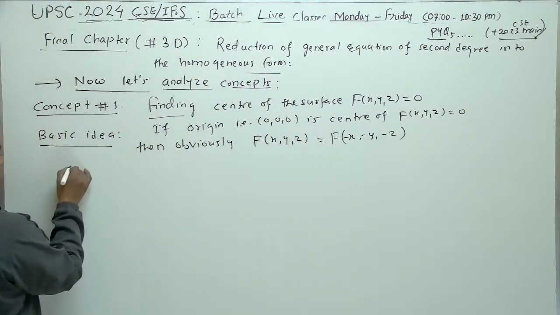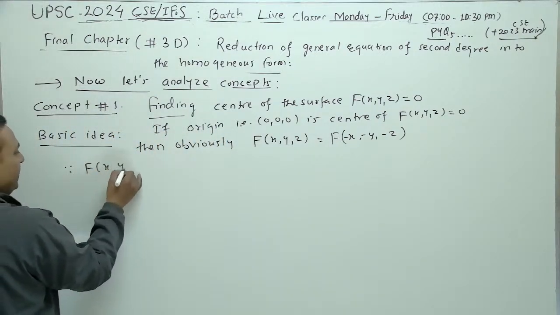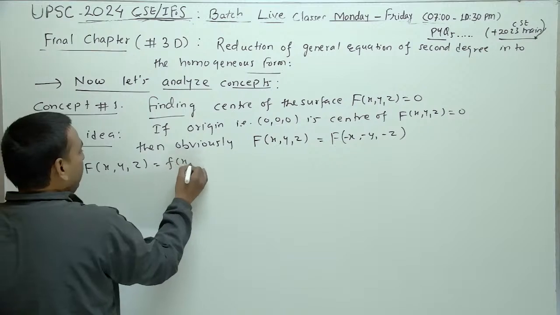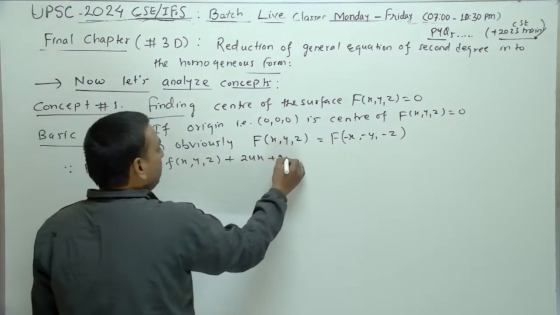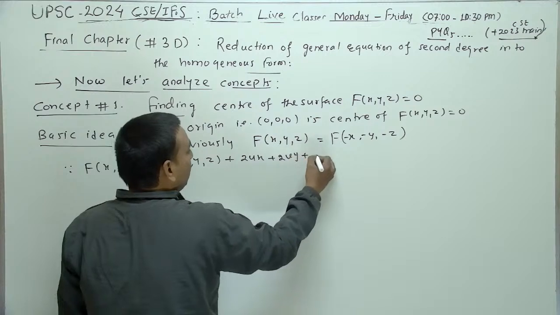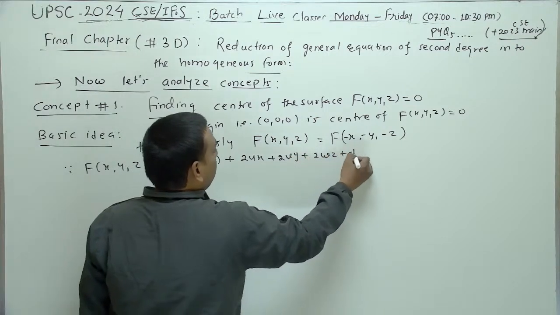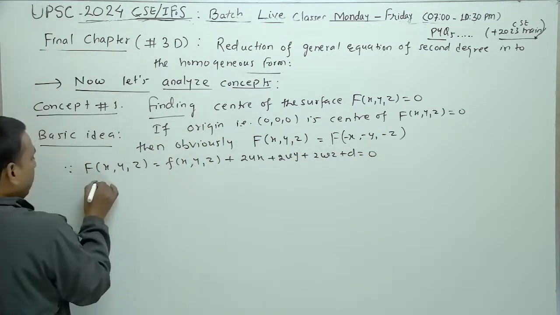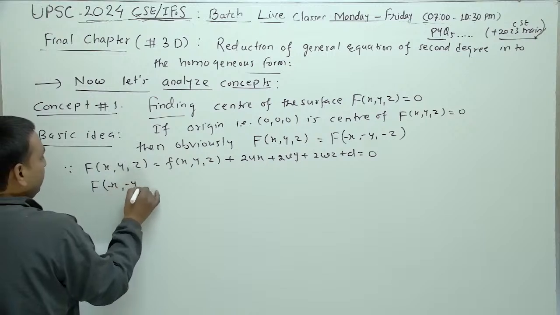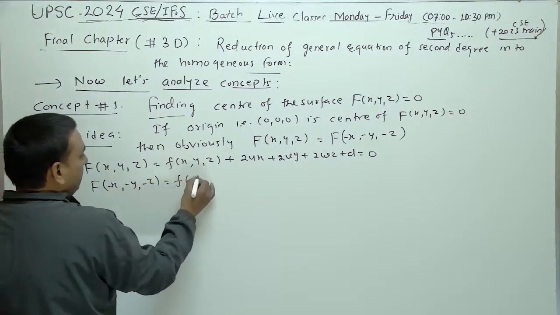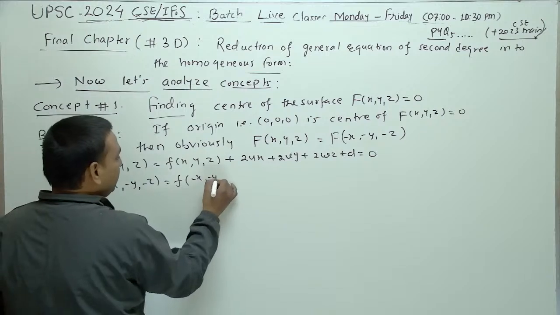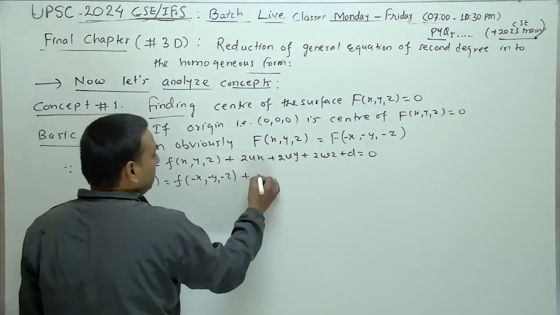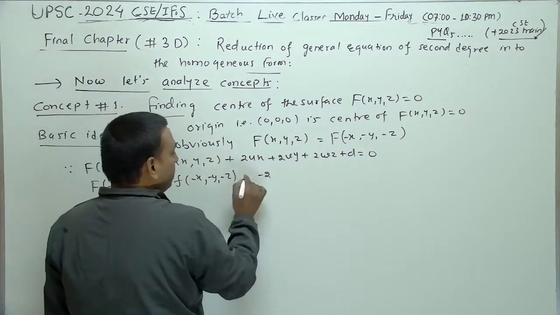Simple funda: F of x y z plus 2ux plus 2vy plus 2wz plus d equals to 0. If I write f of minus x, minus y, minus z, this will be what we have.